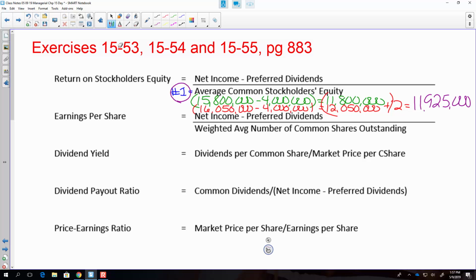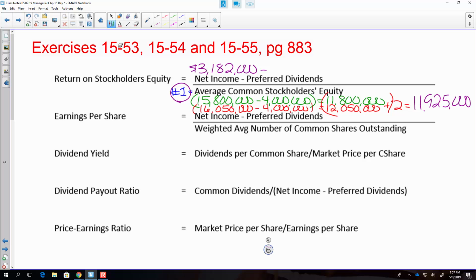After that, they want us to compute the return on stockholders' equity. It says here, last year the net income was $3,182,000. But remember, we're only looking at the common shareholders. What is the preferred dividend amount? What percentage are we going to use?